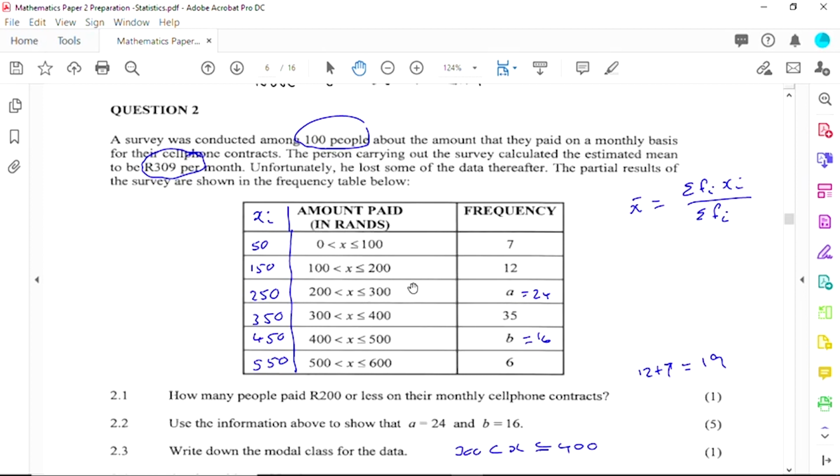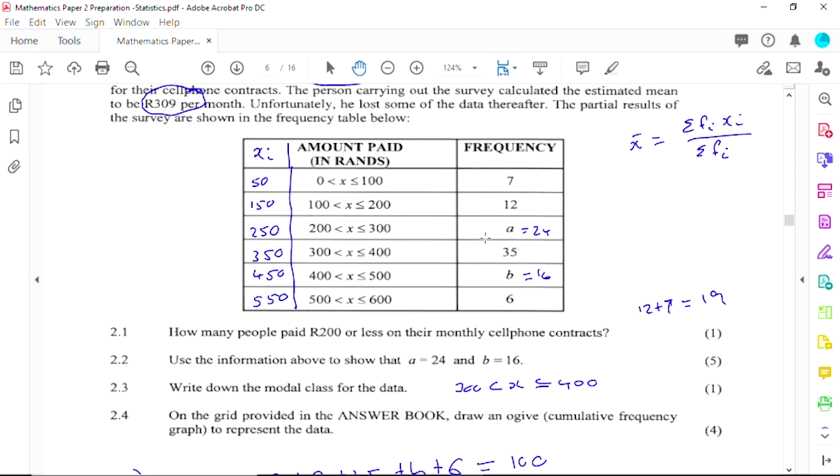So we construct a cumulative frequency table.